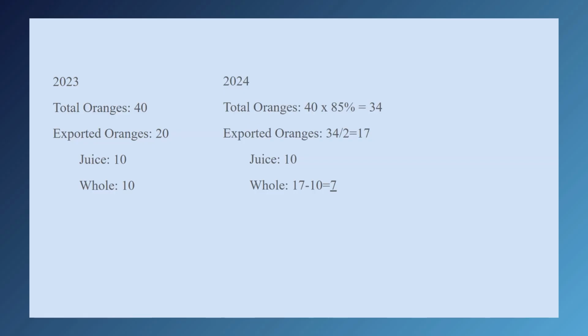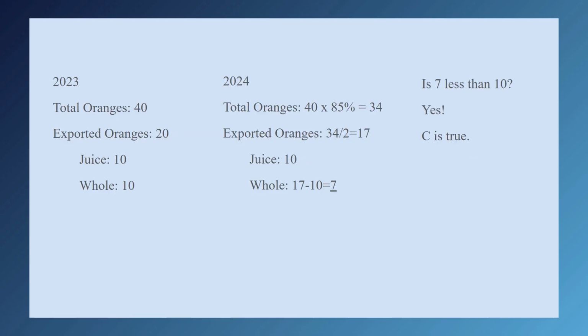We know that they kept the same amount of juice, so 10, and that leaves us with only 7 oranges for export as whole fruits. Let's see. Is 7 less than 10? Why, yes, it is. So in this case, C is true.